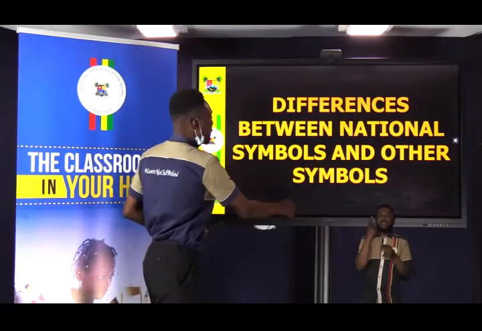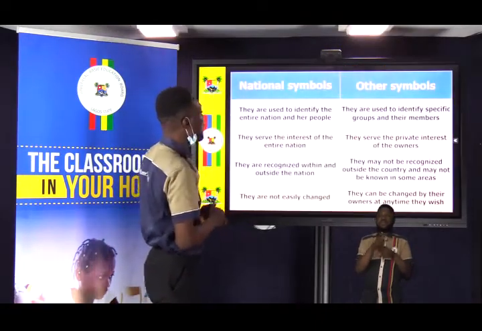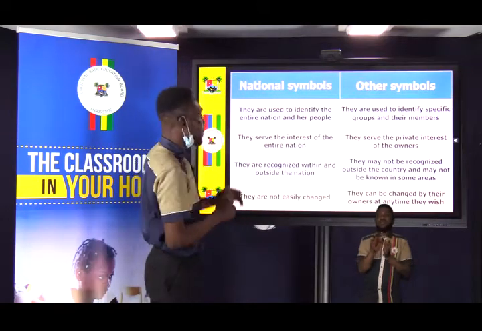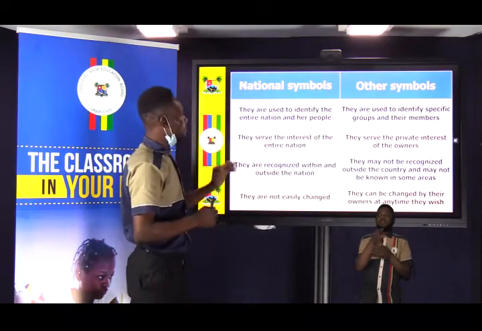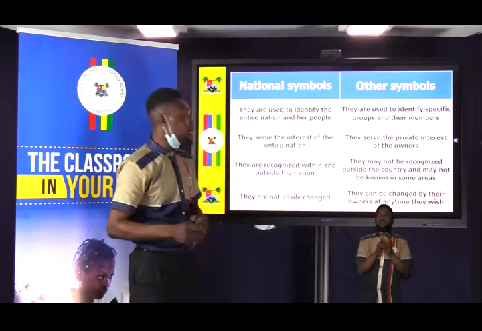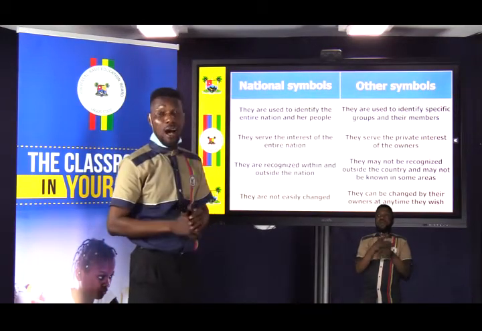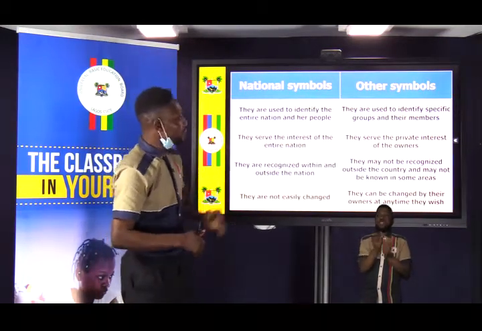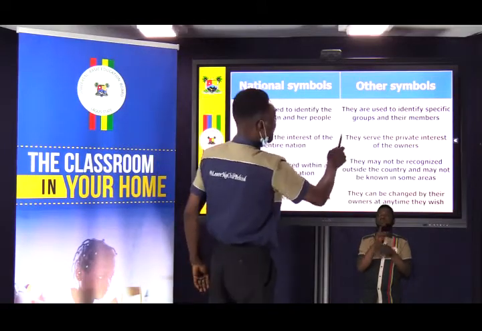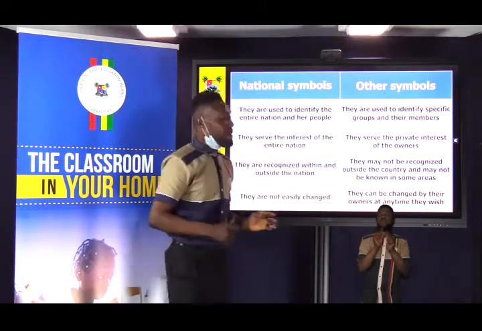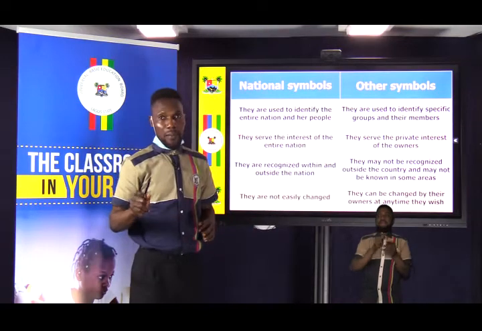Now let's look at differences between national symbols and other symbols. One, national symbols are used to identify the entire nation and the people. Other symbols are used to identify specific groups and their members.